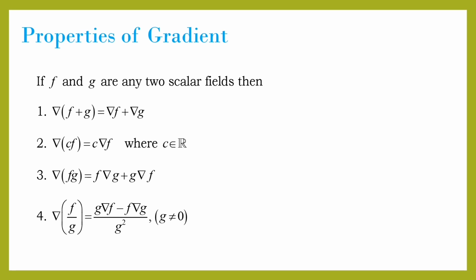So we can prove del of f plus g equals del f plus del g. Similarly, we can prove the remaining properties. Here, from the first and second properties, we can say the gradient is a linear function. That means the gradient satisfies the linearity property.